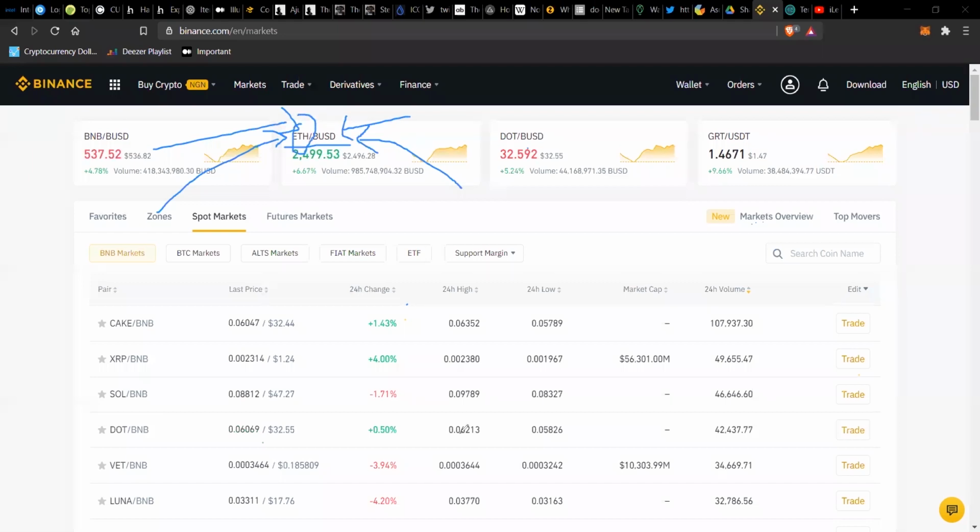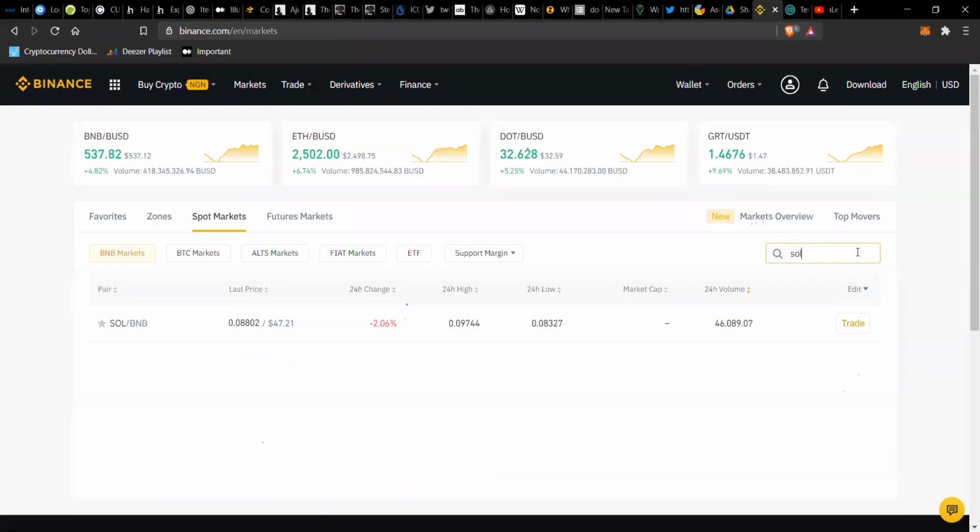So if you're coming to Binance for the first time, let's say someone tells you to buy a coin, let's say they tell you to buy Solana, and you want to search for Solana, and you come over here and search SOL. So let me check all markets. If I check SOL, I would like to buy Solana.